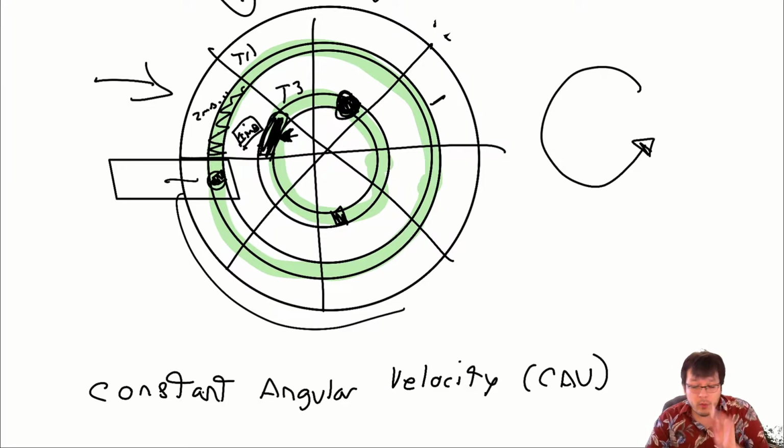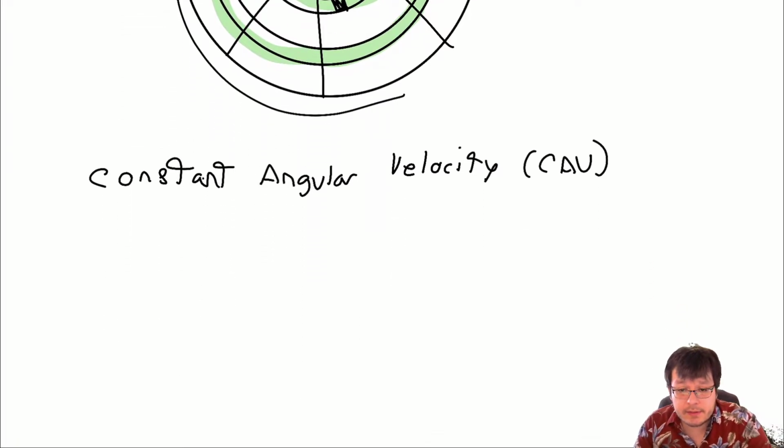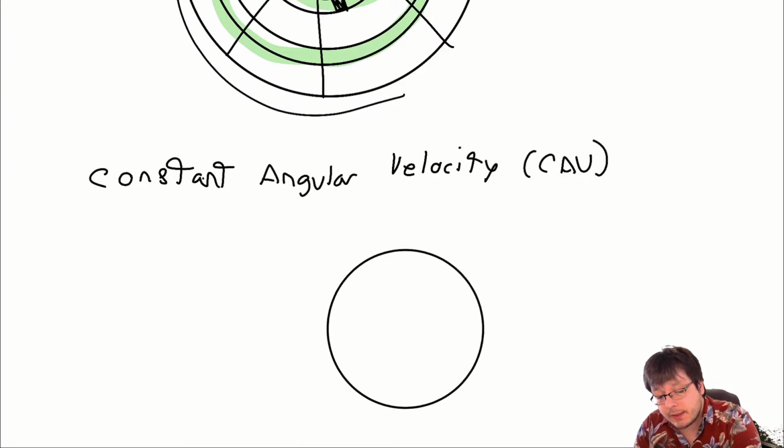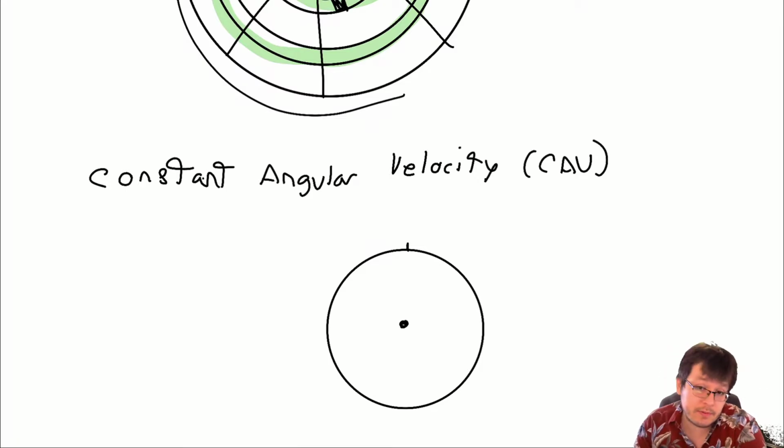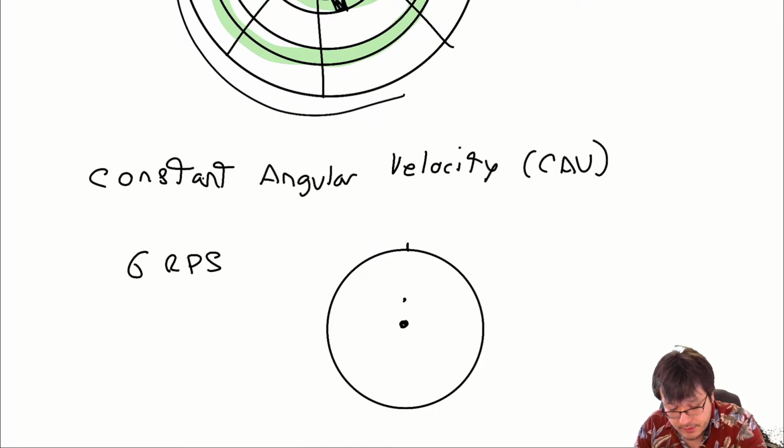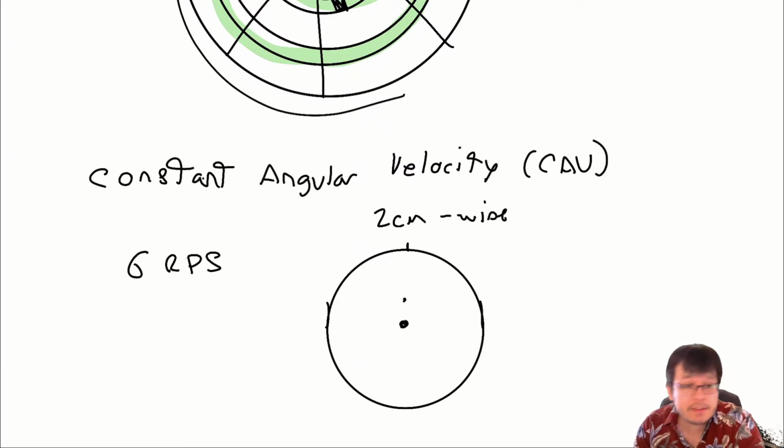One of the basic things with spinning things is that when you have a disk spinning, the inside of the disk spins slower than the outside of the disk, right? So if I'm spinning this at 6 revolutions per second, and let's say, to make this easy, the disk is 2 centimeters wide, that means a radius of 1.